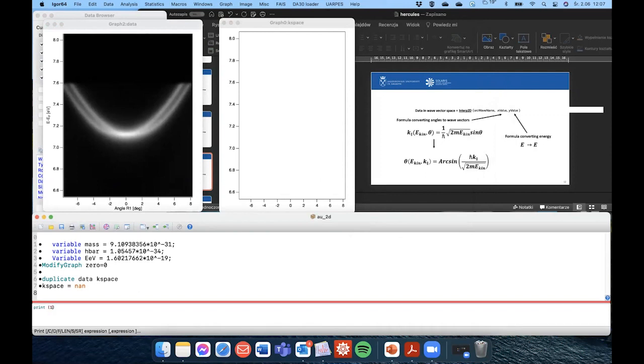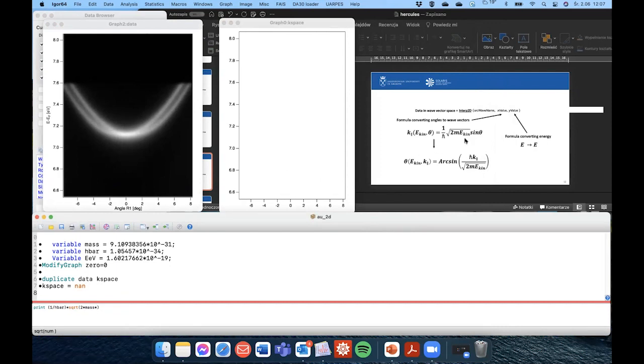Print 1 over h bar times square root of 2 times mass times the kinetic energy.